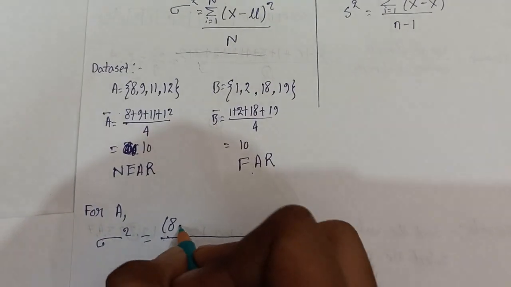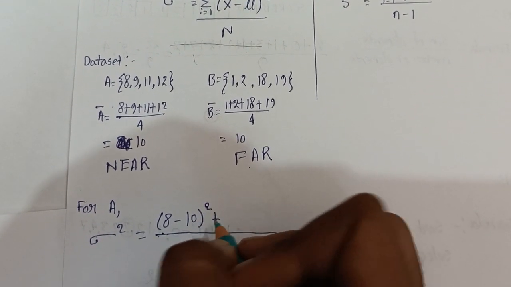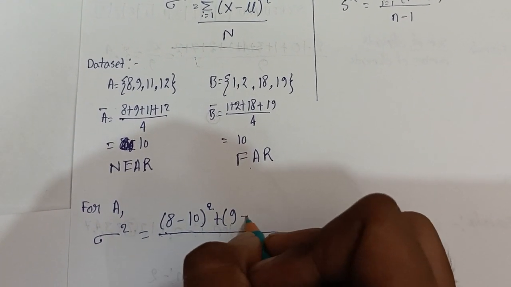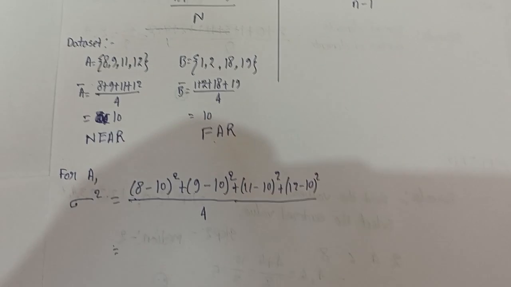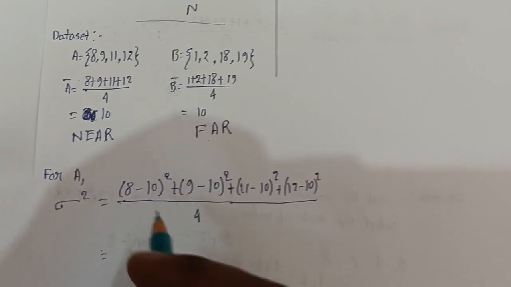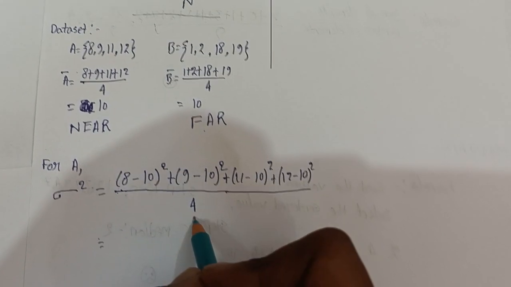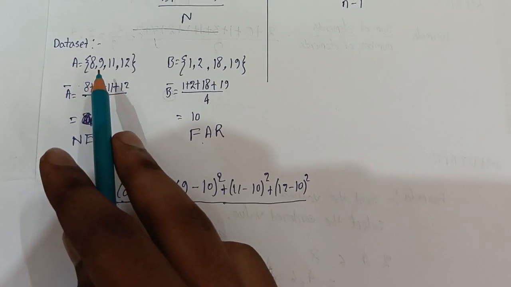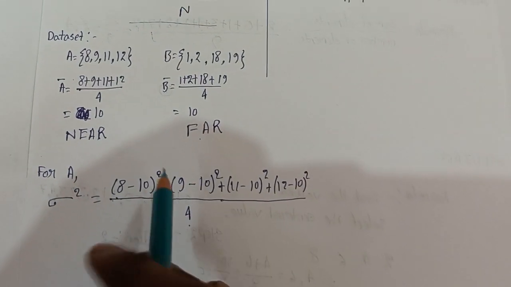First 8 minus the mean 10 whole square, plus 9 minus the mean whole square. So I have written the whole formula. Let me explain it once again for you. 4 is the total number of instances: there are 8, 9, 11, 12, so 4 data points, so 4.